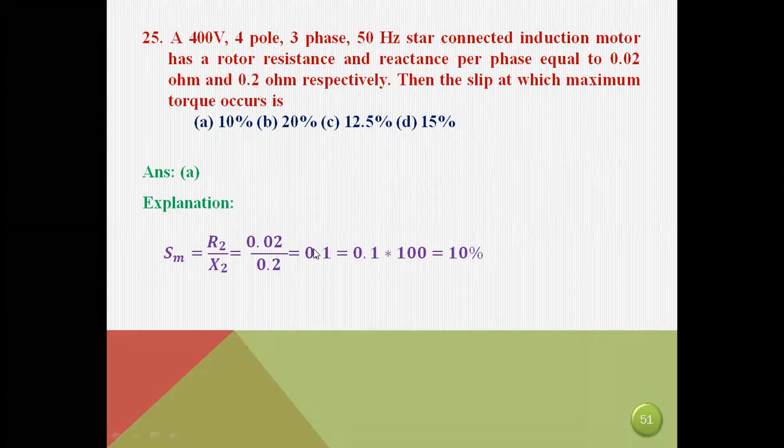If you solve, you will get 0.1. You are supposed to write it in percent, into 100, so you will get 10%. All the other values, 400 volt, 4 pole, 3 phase, 50 hertz, we have not needed because you are only supposed to find the maximum slip. Maximum slip you will get when there is maximum torque, and that slip is nothing but R2 upon X2, so you will get it directly using only these two values.